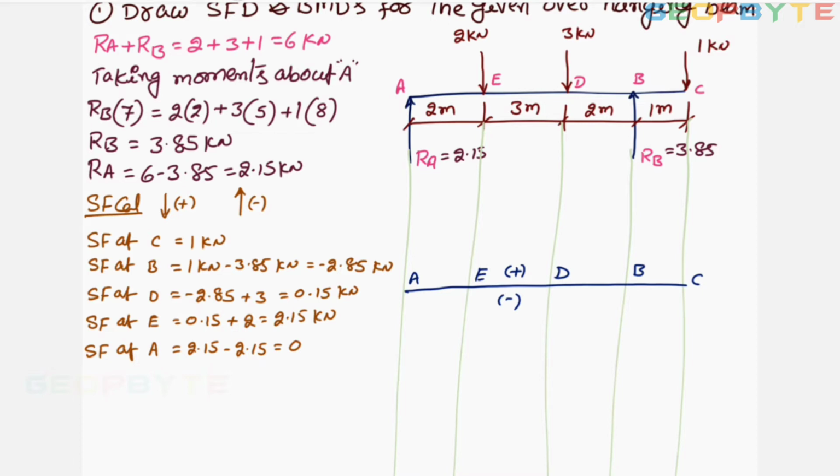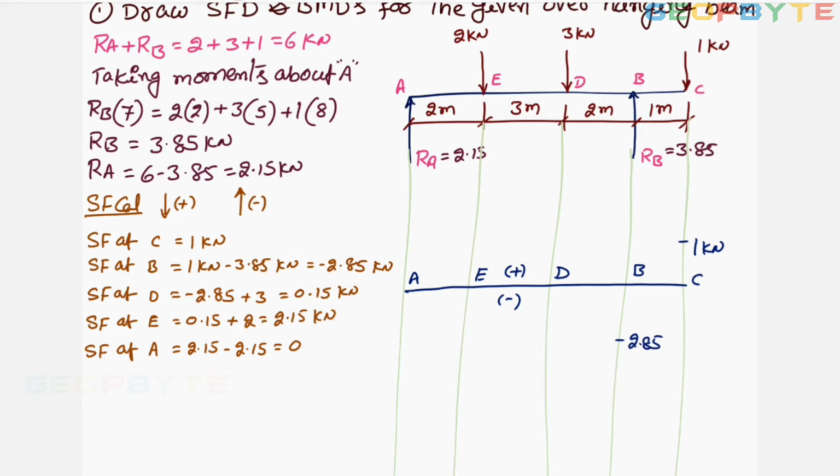Dear students, look at the shear force values. At C, it is plus 1 kilonewton. SF at B is minus 2.85. Negative values are downside.